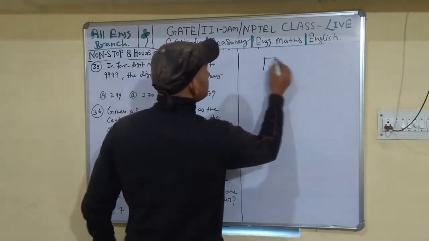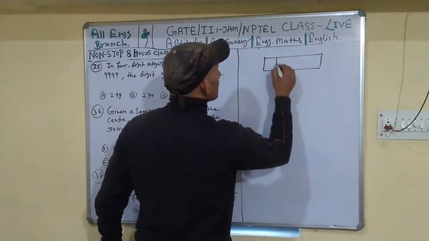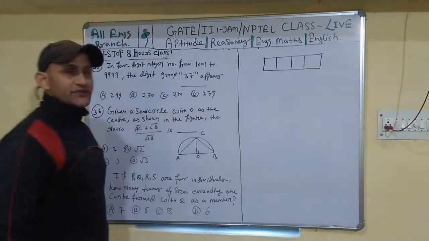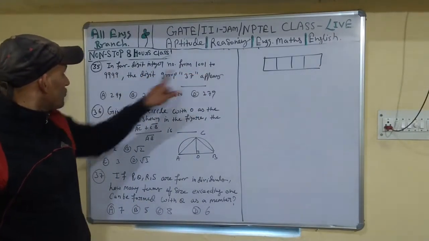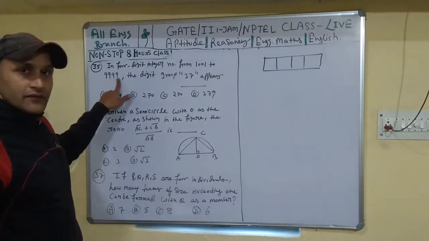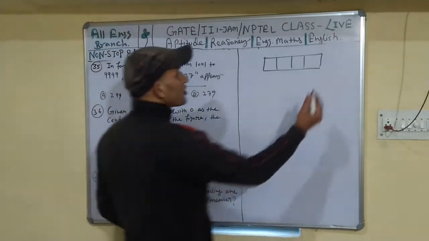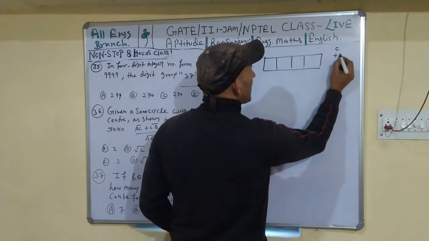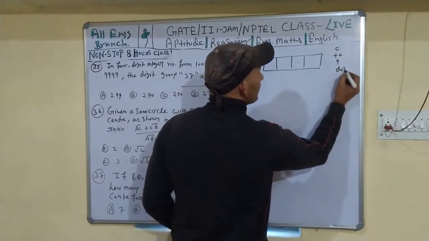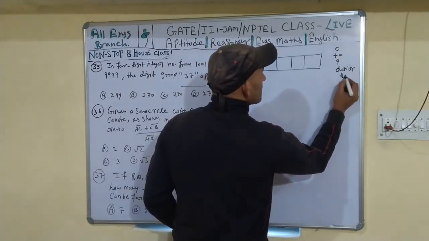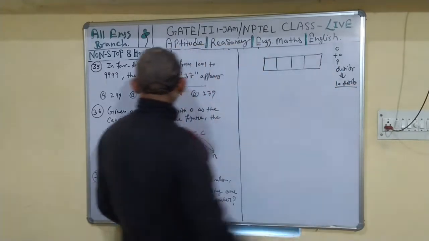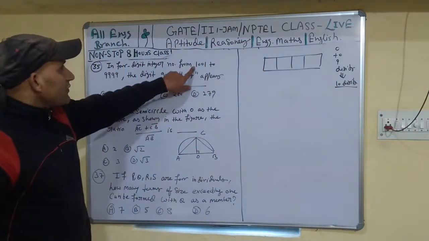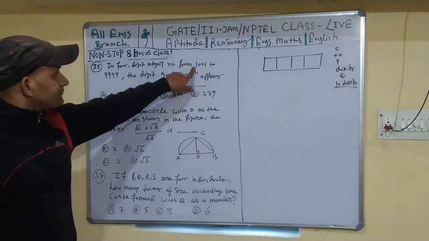So you have 4 boxes for a 4-digit integer from 1001 to 9999. You have digits 0 to 9, so total 10 digits you can fill here, but your number will start from 1.